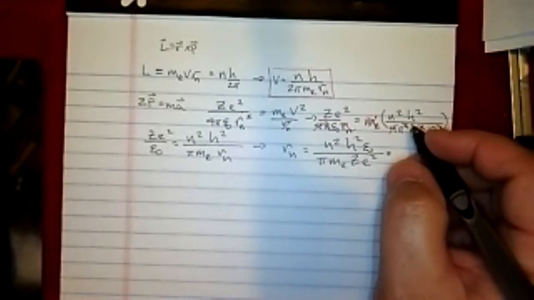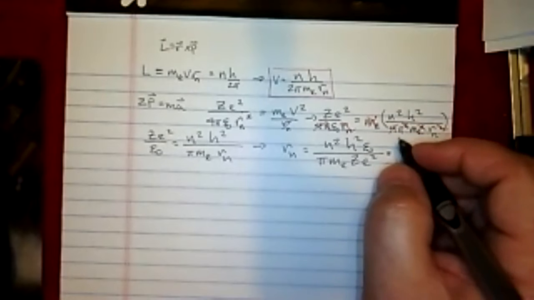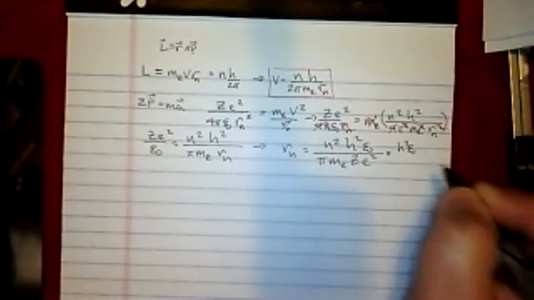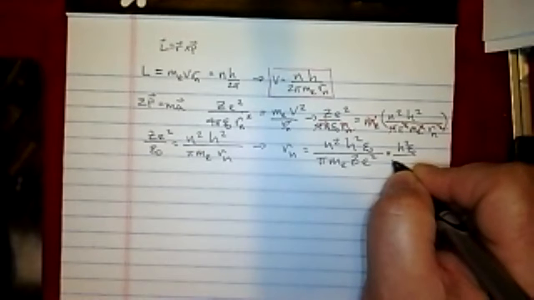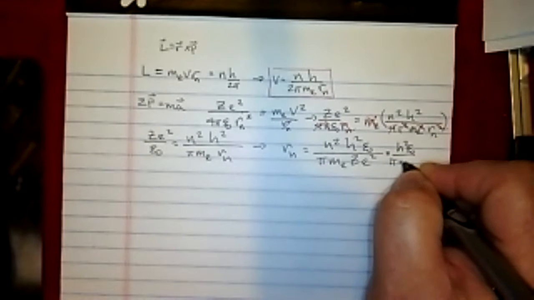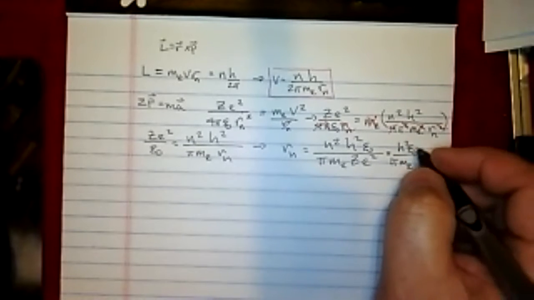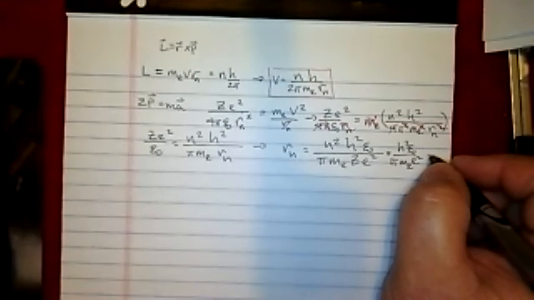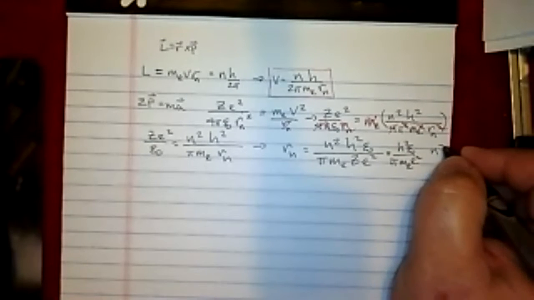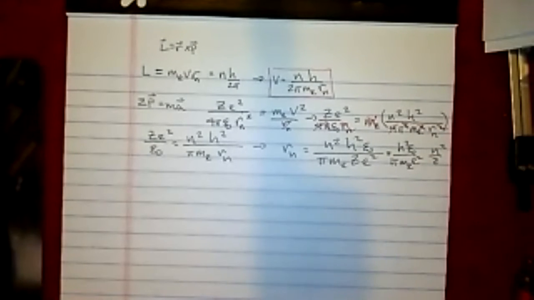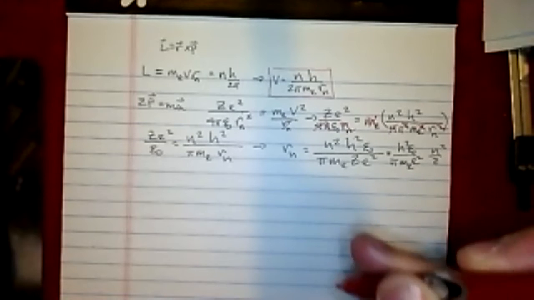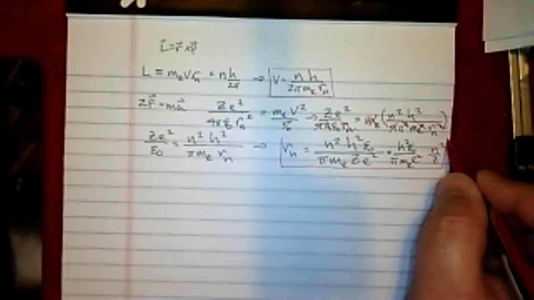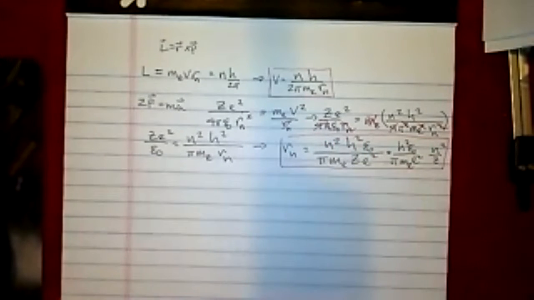So I could write h squared epsilon 0 over pi m sub e e squared, and then that value will be multiplied by n squared over Z. So this gives you a nice expression for the radius for a given n.